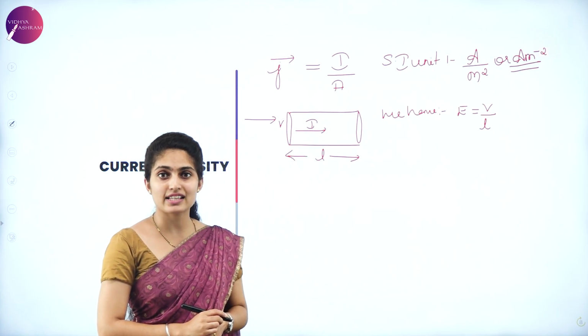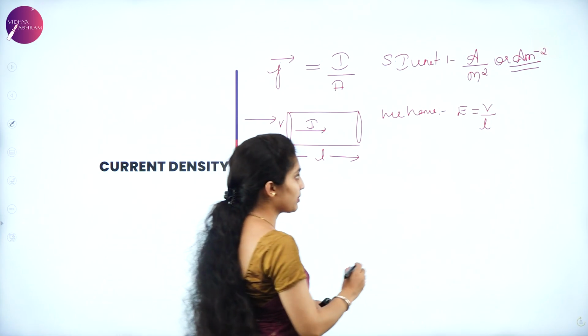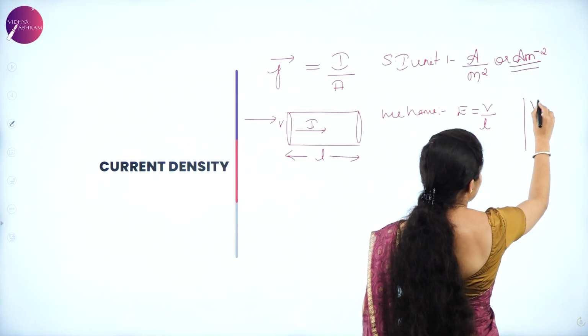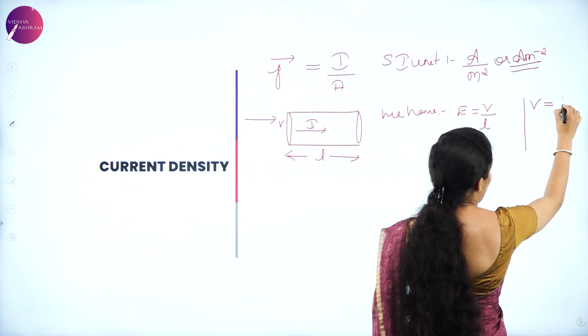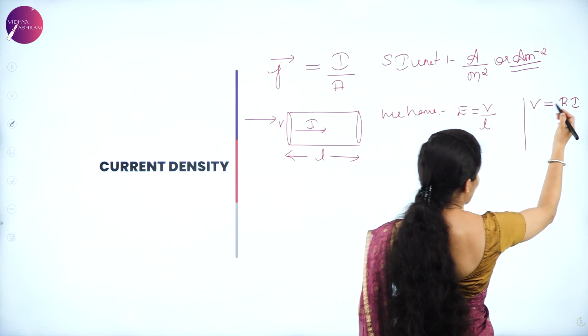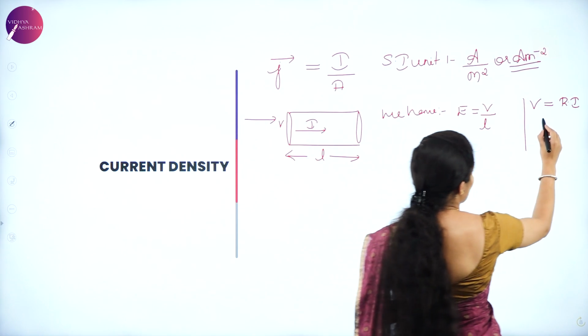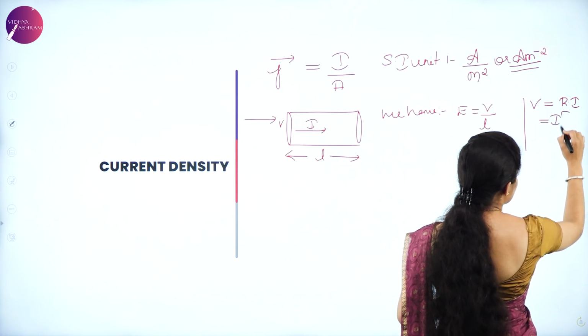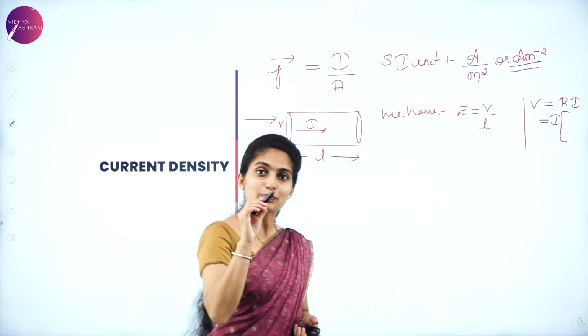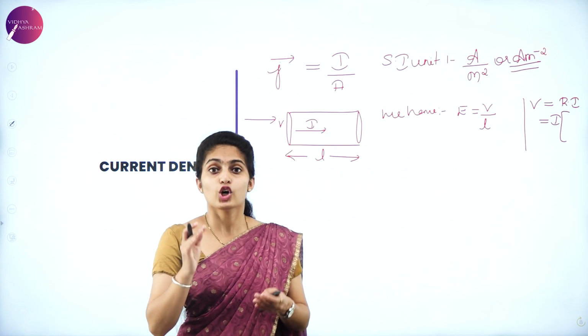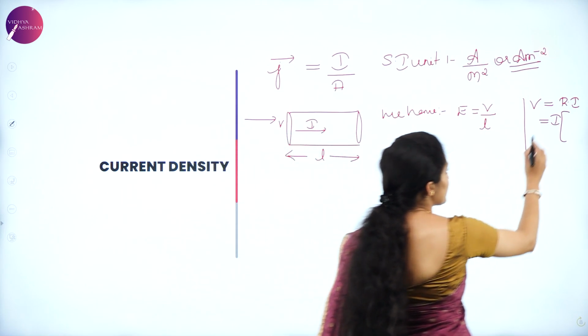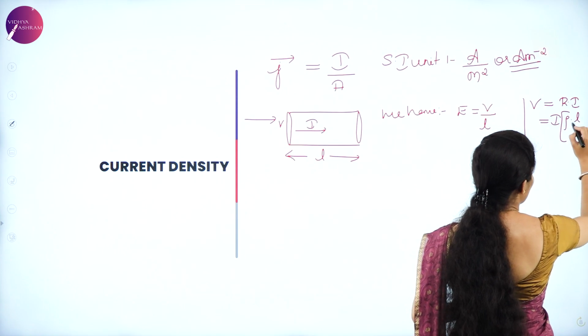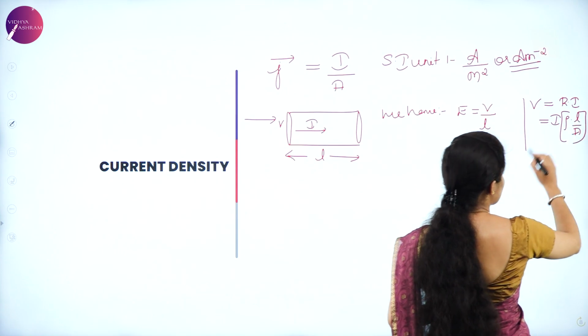And what is V? V is equal to R into I, that is IR. Here we substitute for R, that is rho into L by A, the resistance value, which is equation 2.